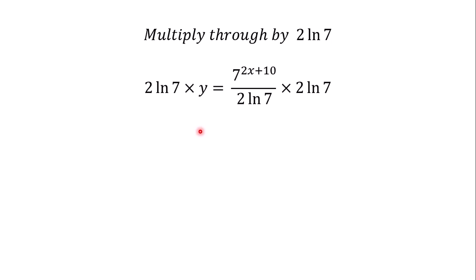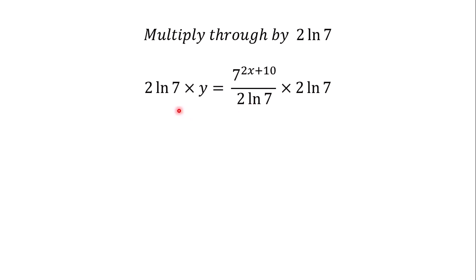Okay, so let's multiply through. When you multiply through by 2 ln 7, on the right hand side you could see that this and this are the same, so they cancel out and we are left with 7 raised to the power 2x plus 10.